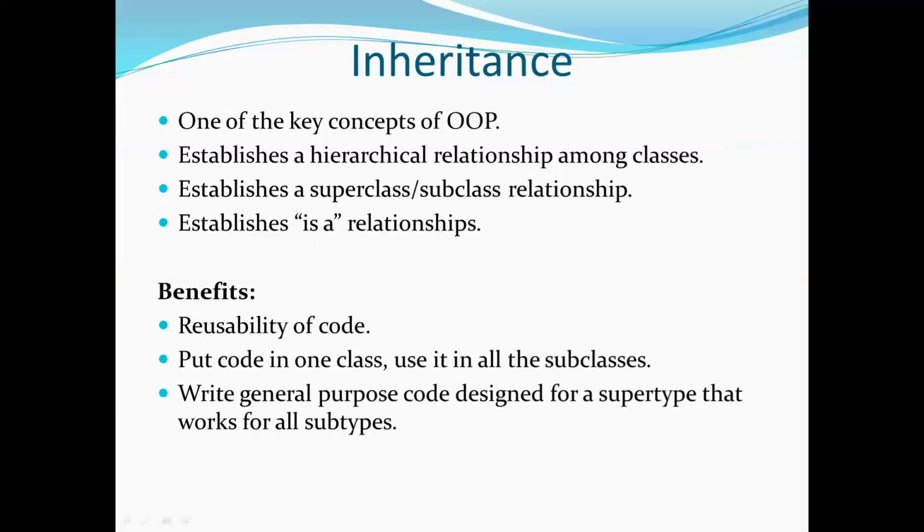Now come to the point. It establishes a superclass-subclass relationship, and this is very important. This is called establishing an is-a relationship. Okay, is-a relationship. Why do we say that it establishes an is-a relationship?